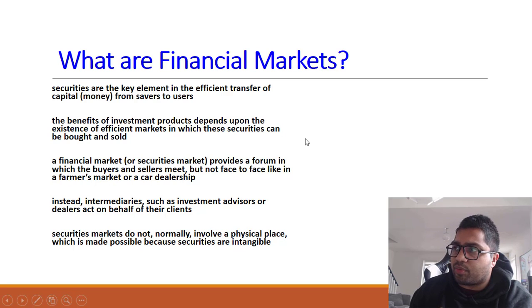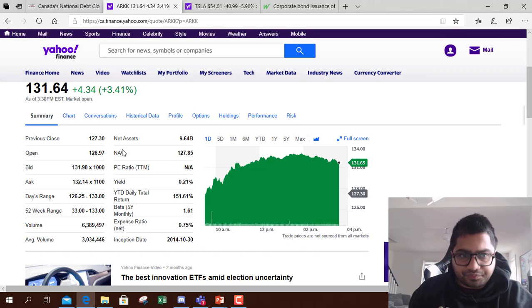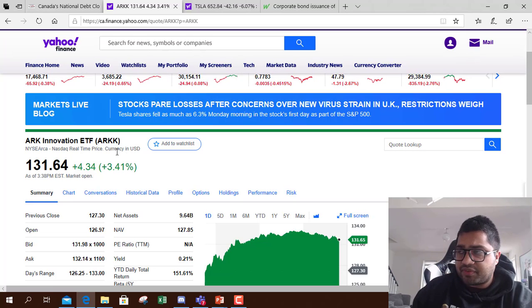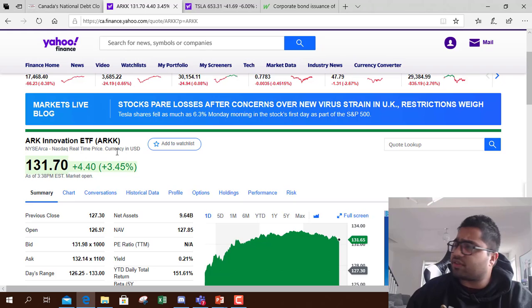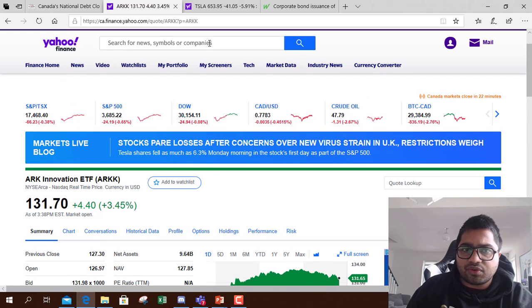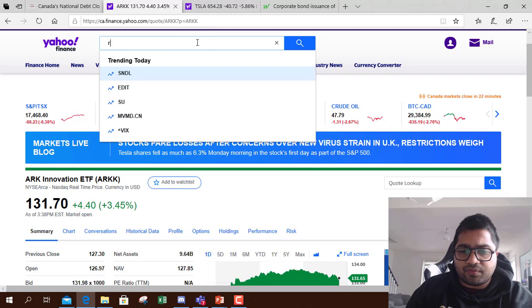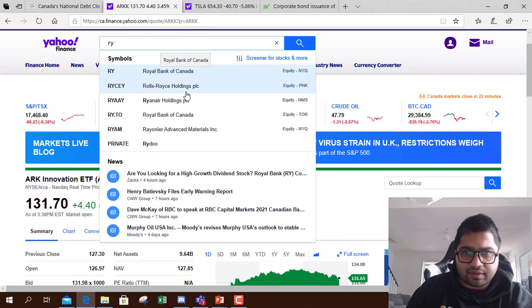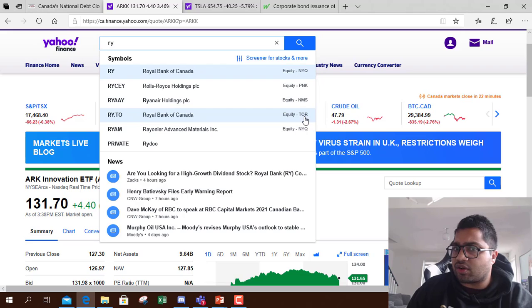For stock specifically, in Canada you can trade on three markets, or even more. The first is the TSX. RBC trades in Toronto, so that is equity in Toronto, the TSX.